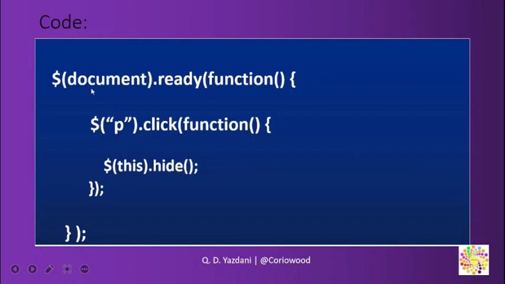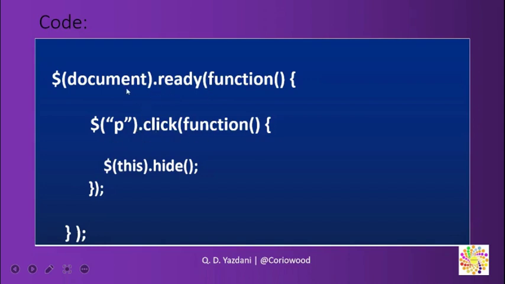I'm going to explain to you again that the $ is short for jQuery. As we said, the most common use of jQuery is to select elements from the DOM so you can apply some changes to them. So when you see this line, the document, and this dollar sign represents jQuery, dot ready, it means when it's loaded and everything is ready, it does this for us.